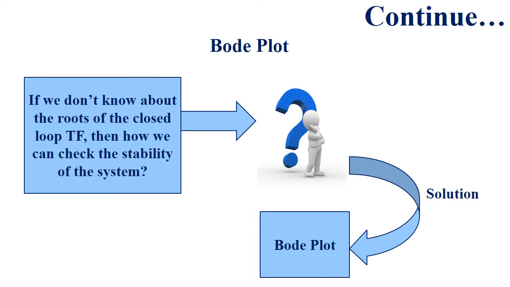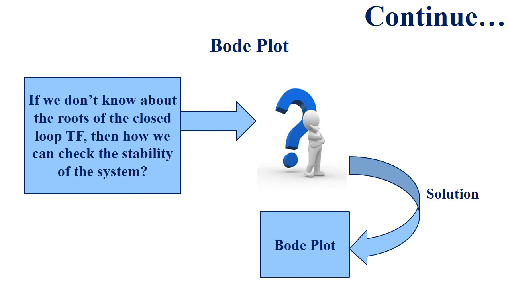This, however, can only be done if we know the closed loop transfer function. Usually the closed loop transfer function is not known, but we can determine the stability by assessing the open loop transfer function. Bode plot helps us in this regard.